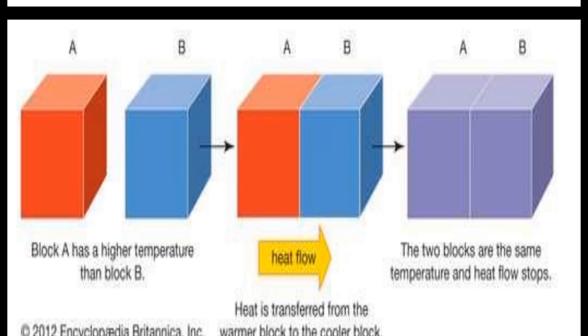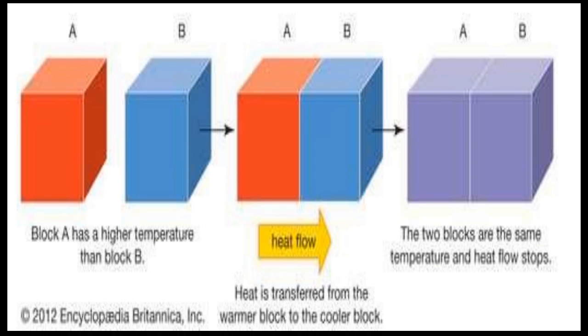This is the heat flow. What you can see is heat transferring. Block A is the hot block, B is the cold block, or B has less temperature than A. Now when both A and B are in direct contact, heat starts flowing. And when will the heat flow stop?